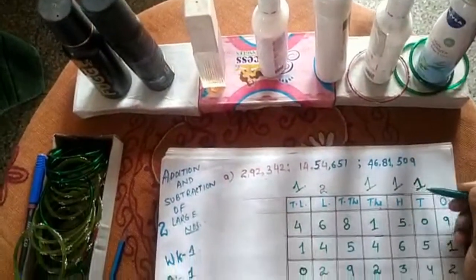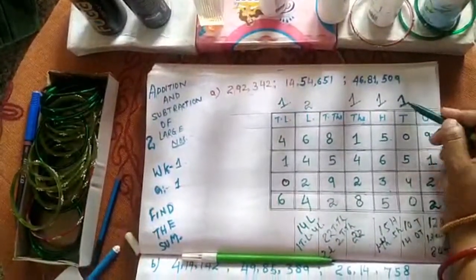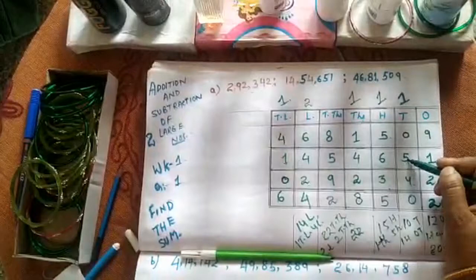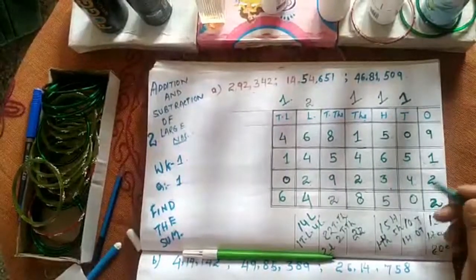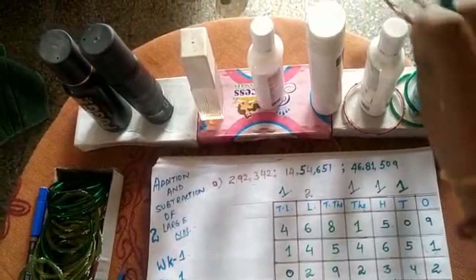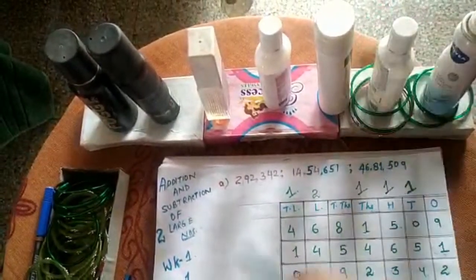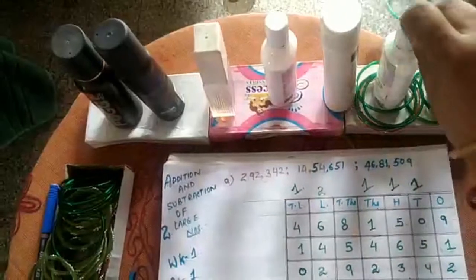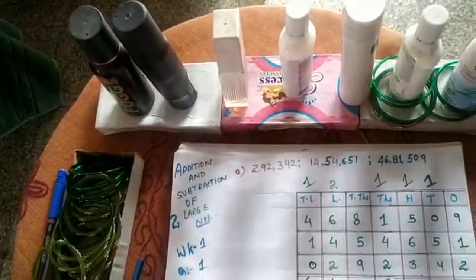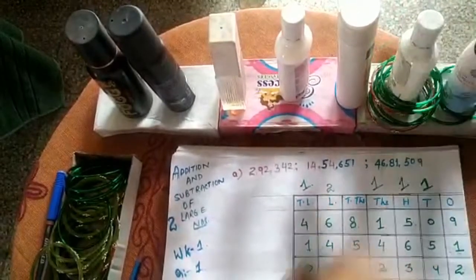So 1 ten is carried over to the tens place. Adding tens, we take 1 ten plus 0 tens plus 5 tens plus 4 tens. 1 ten is already there, 0 tens means nothing. Then I am adding 5 tens: 1, 2, 3, 4, 5. Then 4 tens: 1, 2, 3, 4.